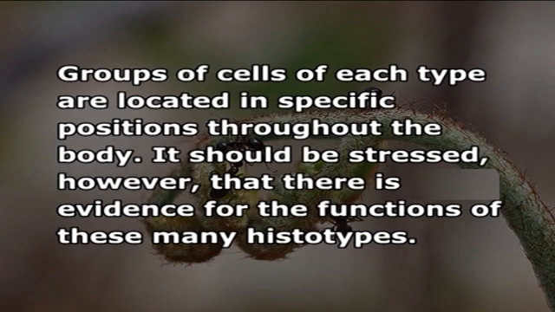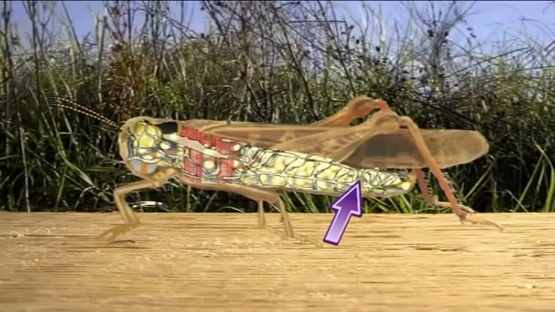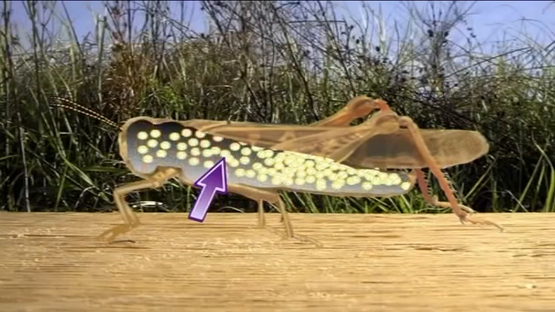It should be stressed, however, that there is little evidence for the functions of these many histotypes. The fat body is composed mainly of cells called trophocytes, though in some species urate cells and oenocytes also can be seen scattered throughout the tissue.